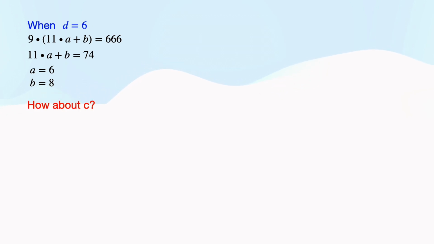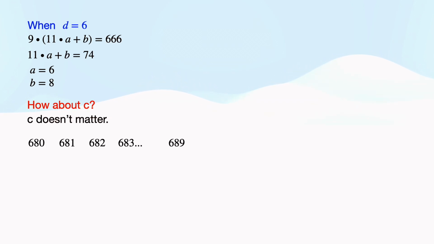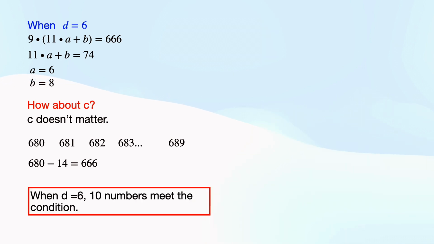Same as before, c doesn't matter. We get another 10 numbers from 680 to 689. We can also check one of them: 680 minus 14 is 666. Therefore, we can confirm that another 10 numbers meet the condition when d is equal to 6.